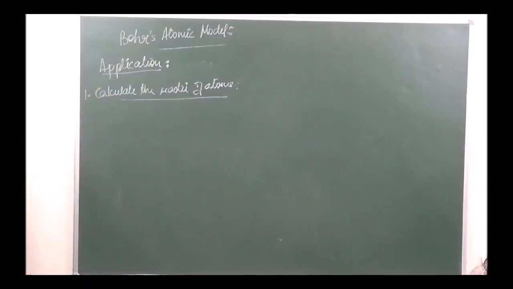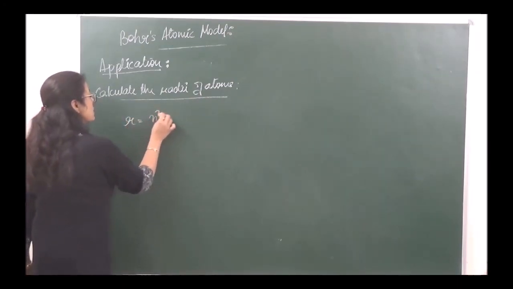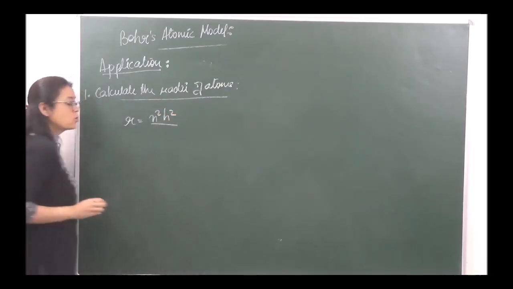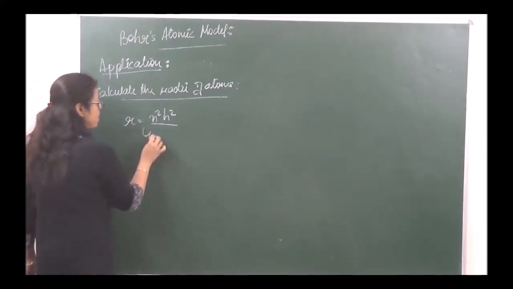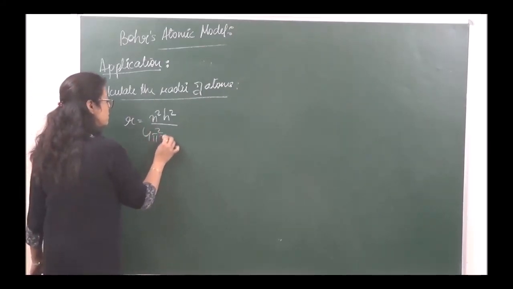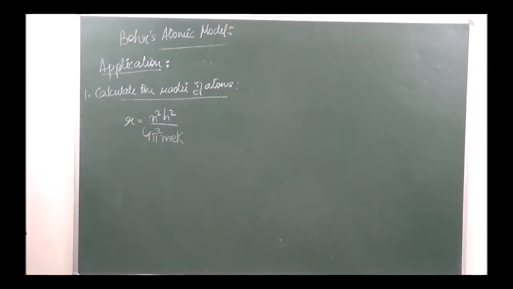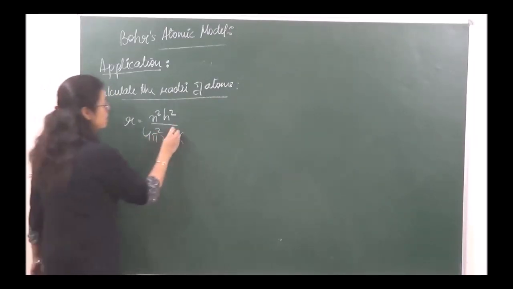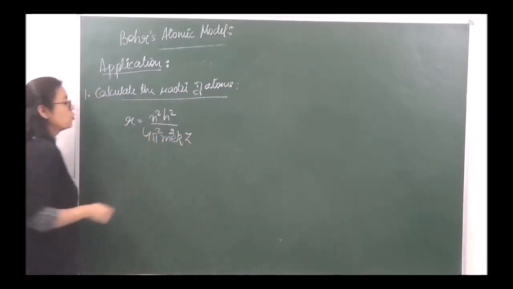When calculations were made by Bohr, according to Bohr, the radius of any orbit was given by n square h square upon 4 pi square m e k into Z. So what does everything denote over here?